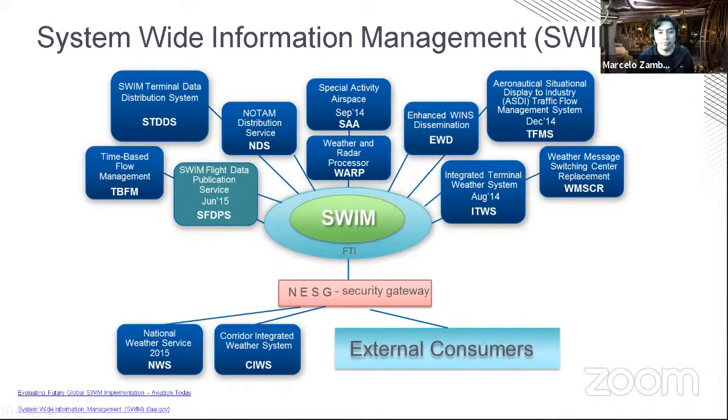In summary, SWIM provides access to aviation information through a single connection, and our goal here is to help data scientists ingest and analyze it easily. Today, I'm going to be using TFMS, which is Traffic Flow Management System, which gives you information about departures, delays, landing, among other things.